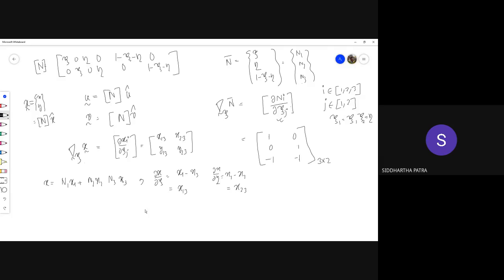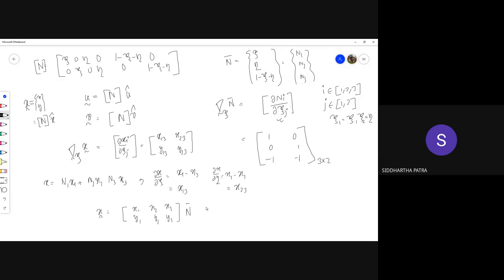So we can say that I can write this x vector also like this: x1, x2, x3, y1, y2, y3, this times our N bar vector.